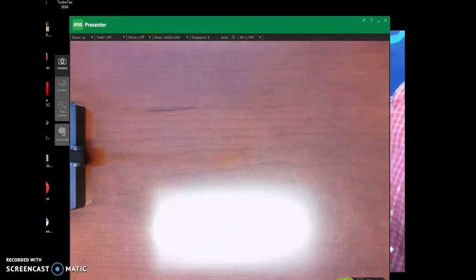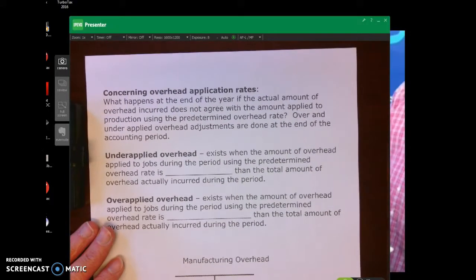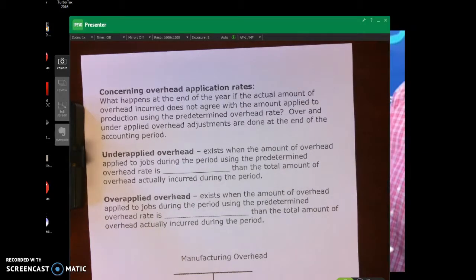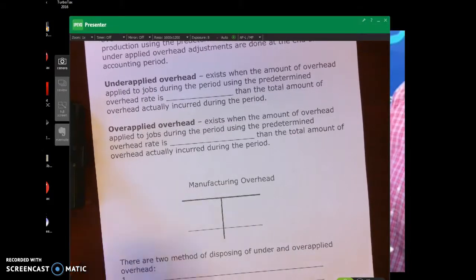So at the end of the year, we actually have to do something with this manufacturing overhead that's sitting in that manufacturing overhead T account. We have to do an adjusting journal entry to zero out the manufacturing overhead account. So look at this in terms of our T accounts over here.